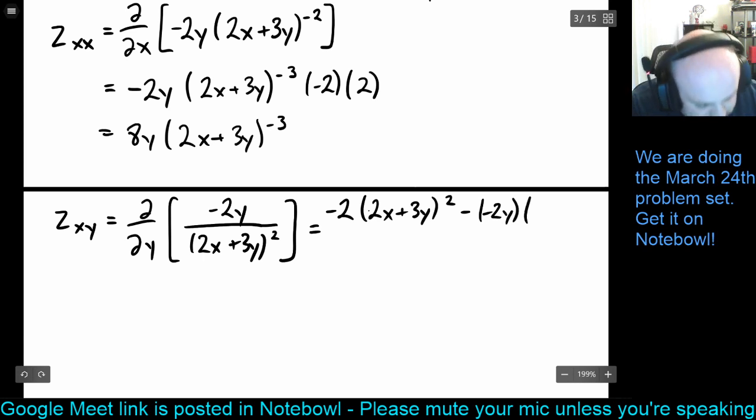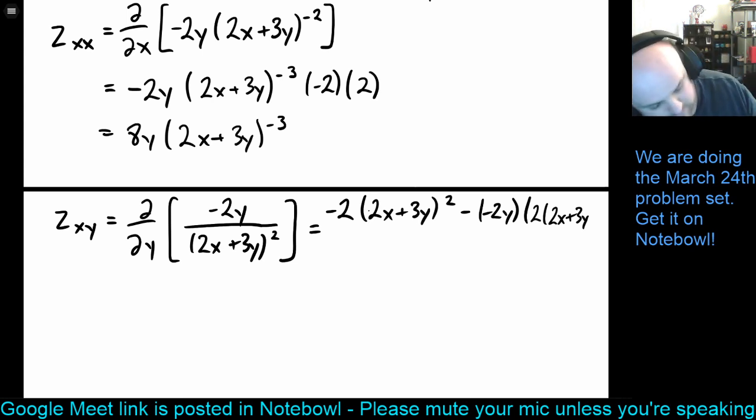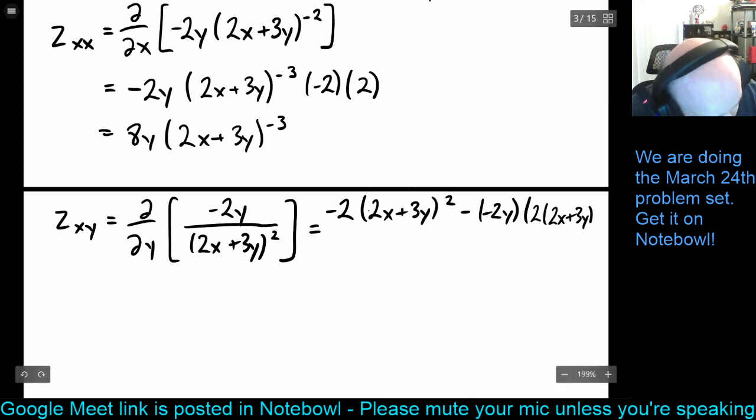So we get our 2x plus 3y, times, we're differentiating with respect to y, times 3.